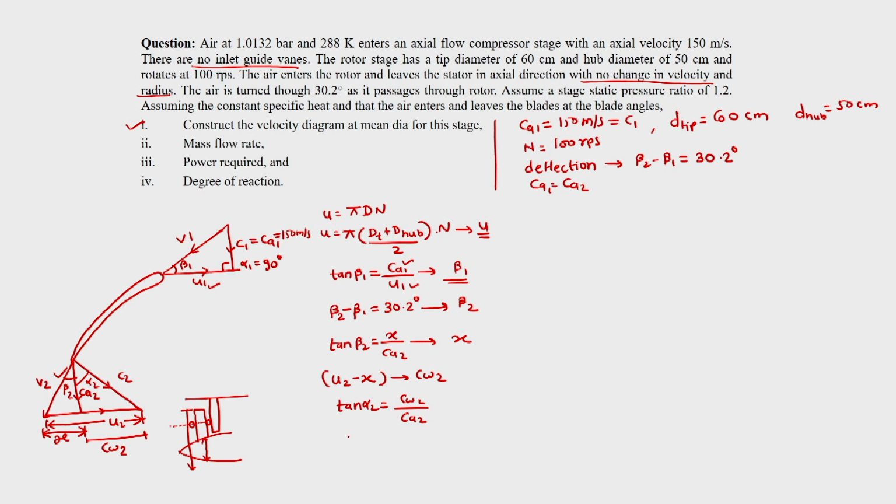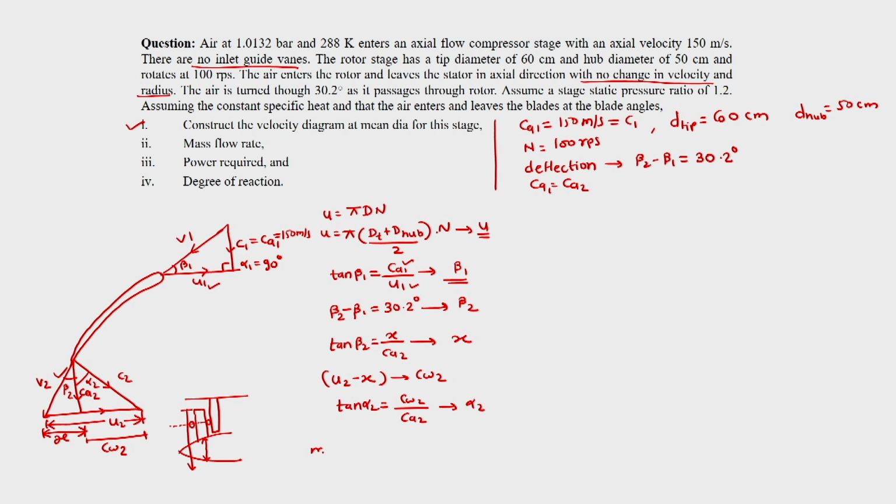So we can know from here what alpha 2 is. So knowing this, we can make use of other parameters and find out the mass. Basically these things will be useful for us to find out power required.